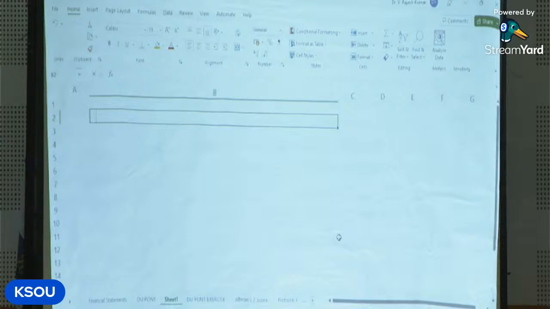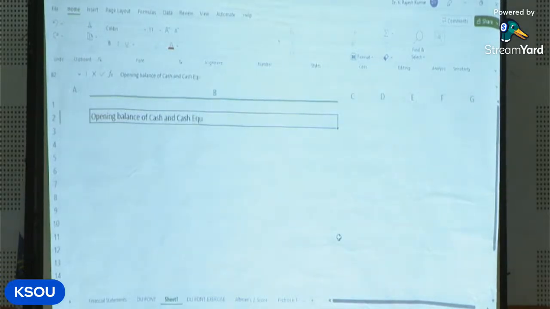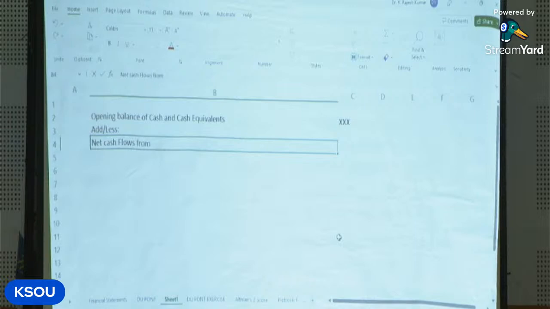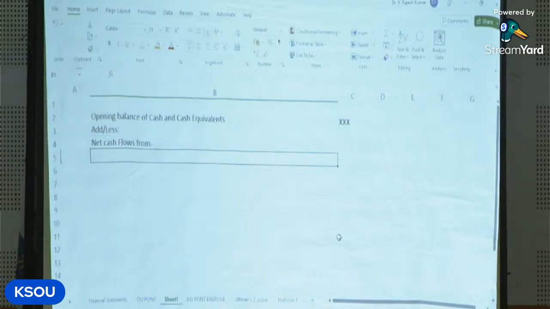We take opening balance of cash and cash equivalents. To this, we add or deduct net cash flow from, which are the 3 activities, sir, in cash flow statement?